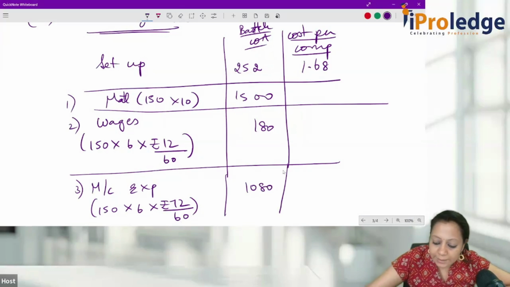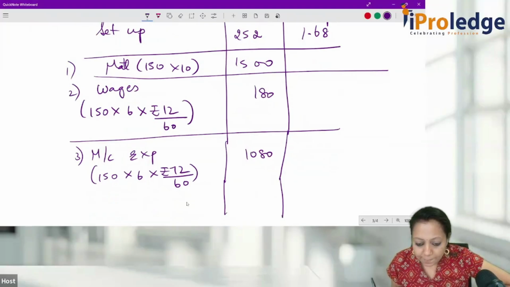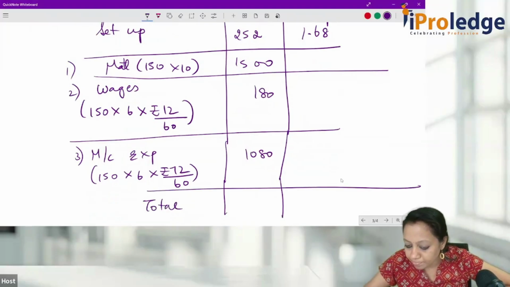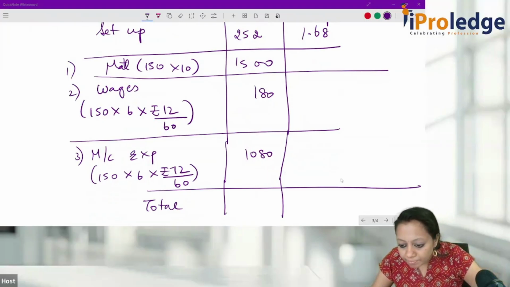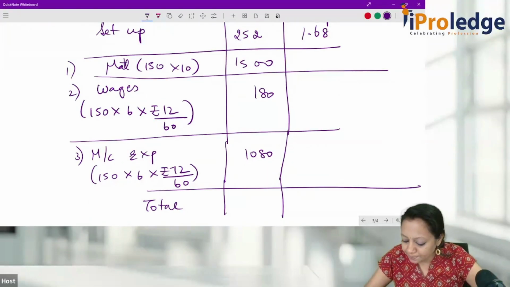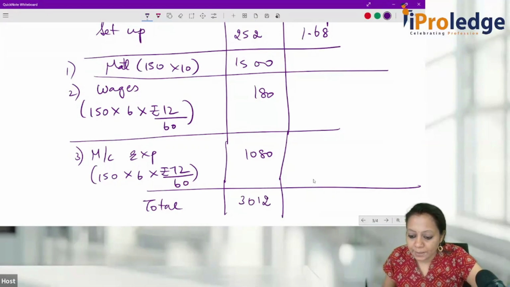Now we will do the total. How much is the total, ma'am? 3012. All right. So 3012 divided by 150.